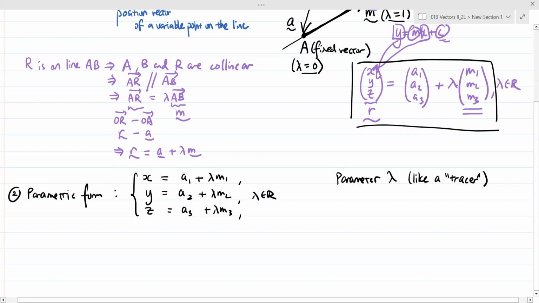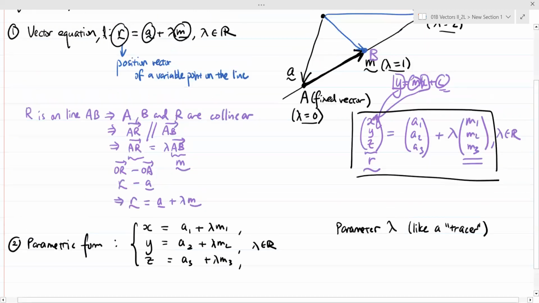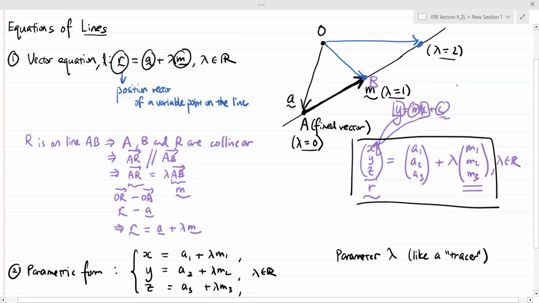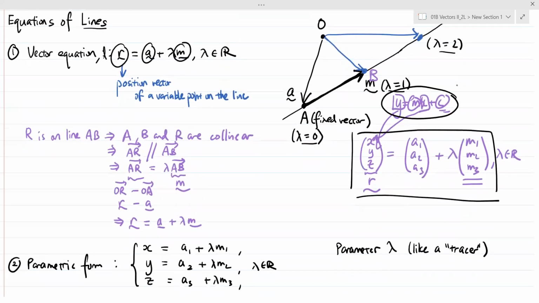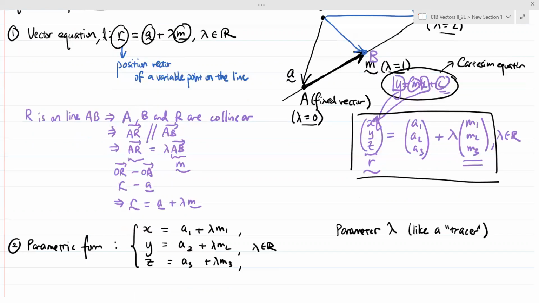Okay, so then you may wonder, wow, all this is very complicated. Can we go back to the days where we did y equals mx plus c? So basically you're asking, can we have a Cartesian equation? What is a Cartesian equation? A Cartesian equation means an equation comprising solely in terms of x, y, and z. There's no parameter, right? So yes, but unfortunately, it's not something that you would like.